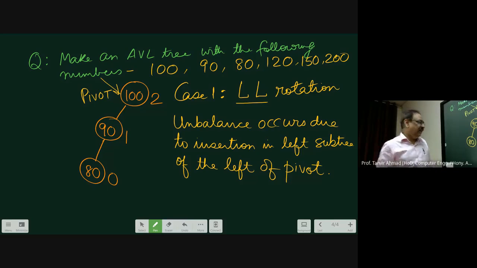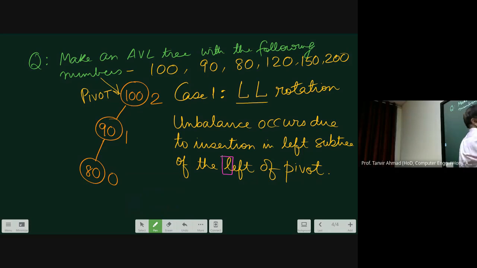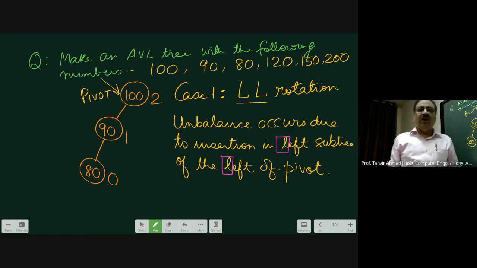And why has this LL come? Because of this particular L over here, and because of this L over here. These two Ls make the left-left rotation. That means unbalance occurs due to insertion in the left subtree of the left of pivot. This is the left subtree.